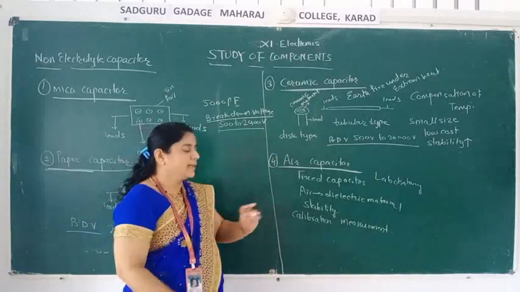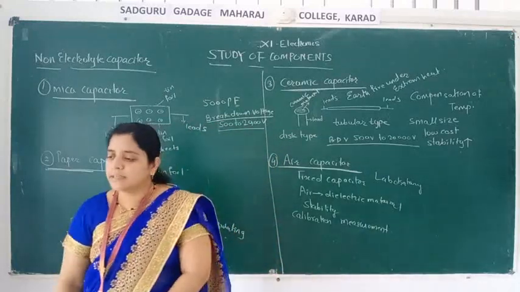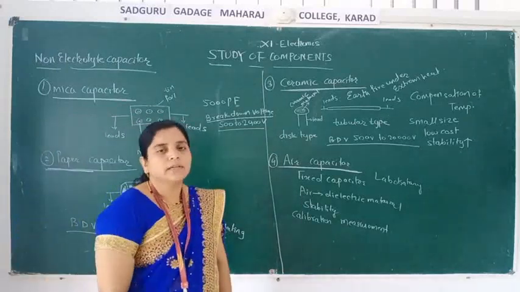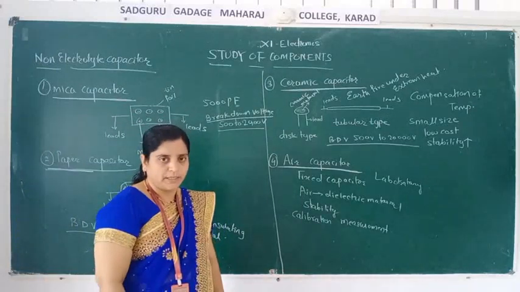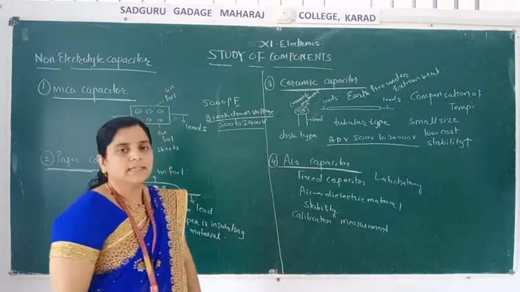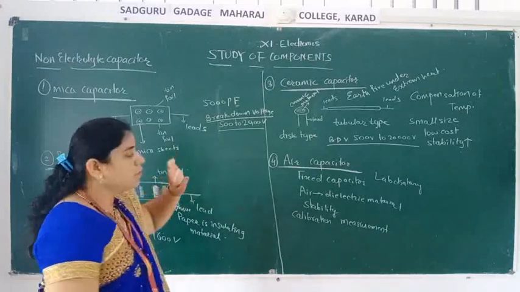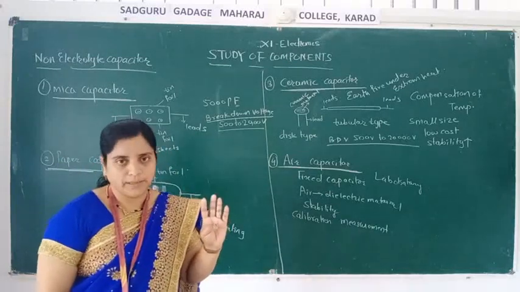So this is the air capacitor. Air capacitors are fixed capacitors used in laboratories for calibration or measurement, with air as the insulating material. So these are the 4 types of non-electrolyte capacitor.